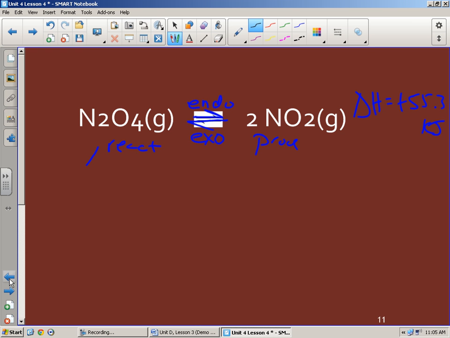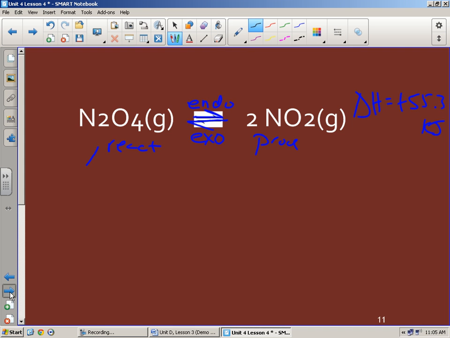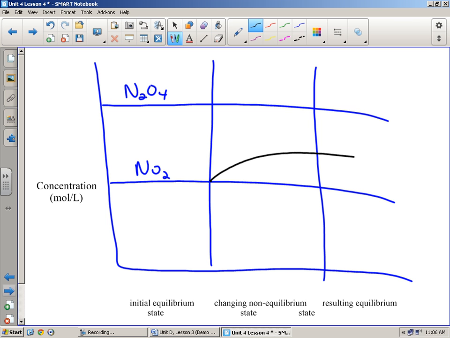It's going to go this way, making more NO2. To make NO2, I need to use up N2O4. Making more product favors the forwards reaction, and I'm going to be using up N2O4.